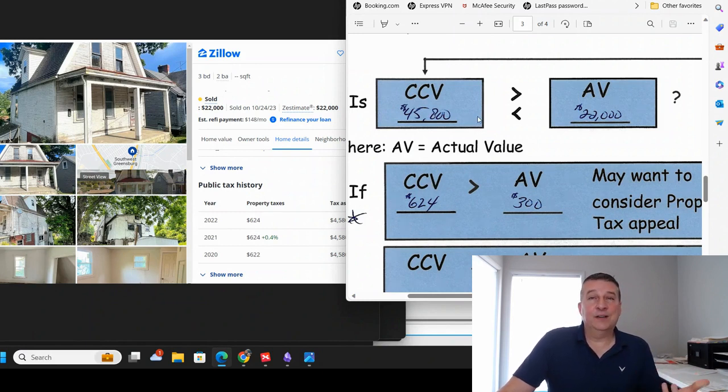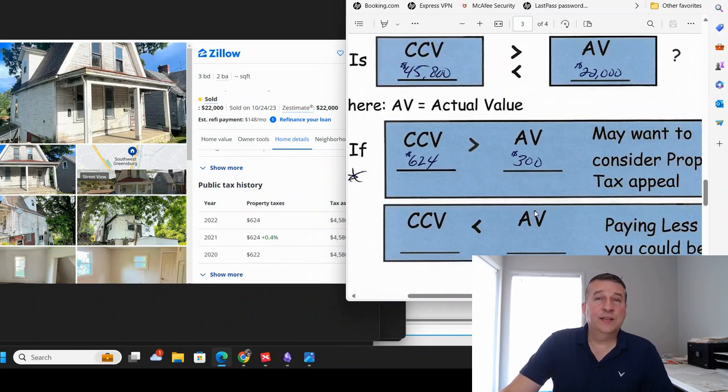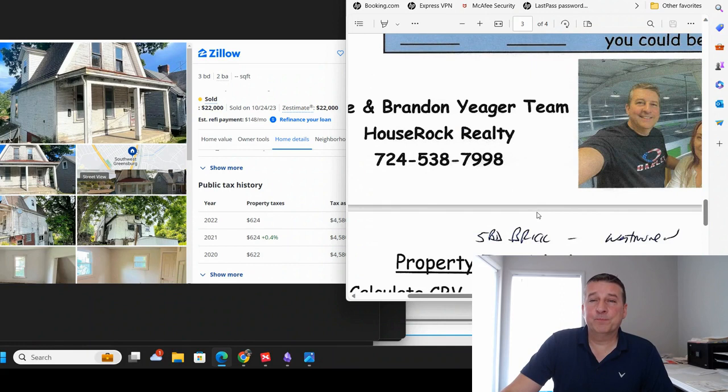Using the exact proportions there, 45,800 divided by 22,000, if we move that through, that says that these people's property taxes should probably be about $300 per year. So if you're planning on keeping that property for a significant amount of time, you may potentially want to consider having that reassessed and file an appeal because they are considerably different. And then let's go ahead and take a look at our fourth example.